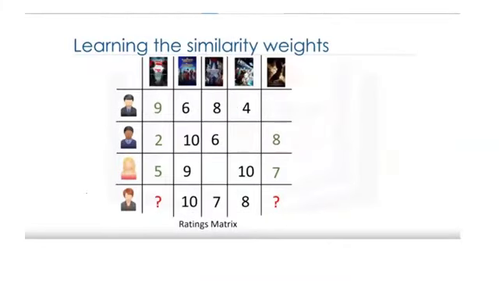Now let's suppose this model has to recommend certain movies to this particular user, and I want to understand whether this user will like this movie or this movie. That's the question mark. So basically, I would like to predict the ratings, whether this particular lady will like these movies or not.